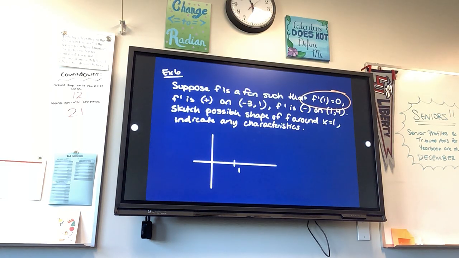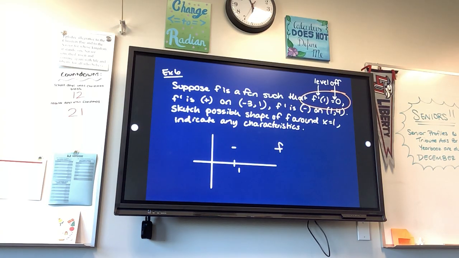If the derivative is equal to 0 at that x value, what is f doing at that point? Constant. Yes, we're going to level off. So there's going to be some kind of leveling off happening at 1, and I'm making a little indication that that is happening.